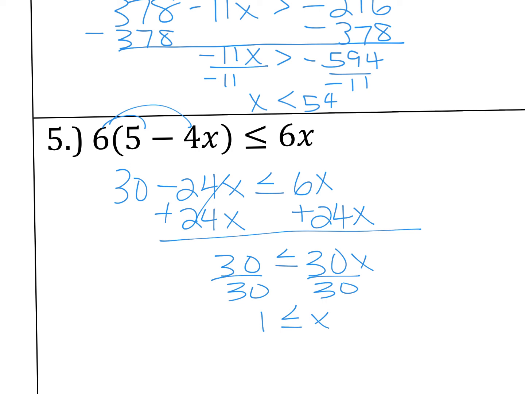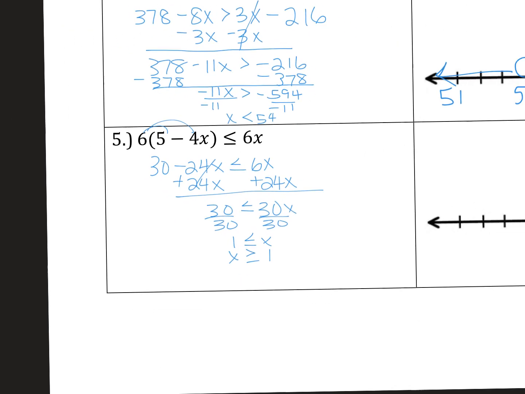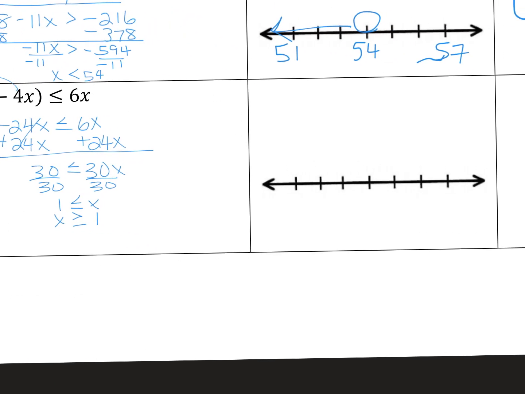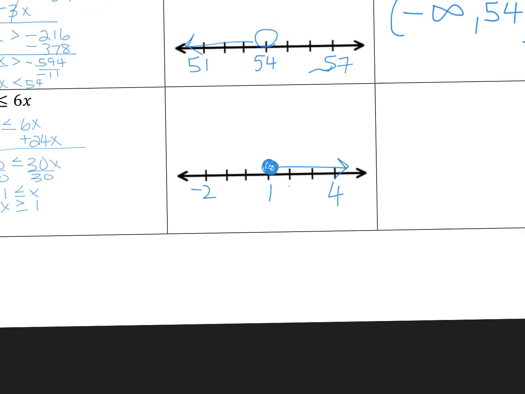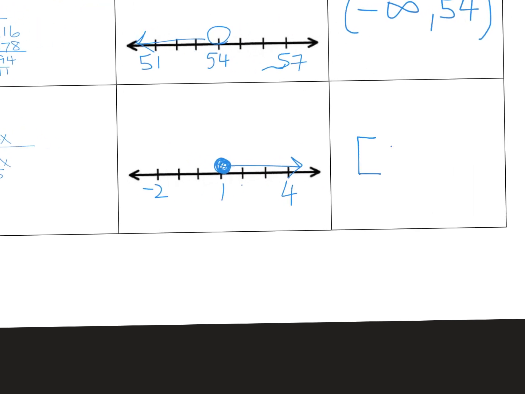So I'm going to flip that around. I'm going to put x over here, 1 over here, and I'm going to change the direction of my sign. Okay, so I'm going to put a 1, and I'll put a 4, negative 2. Okay, so closed circle, and we're going to the right where it's greater than. So this answer is going to say 1 to infinity.